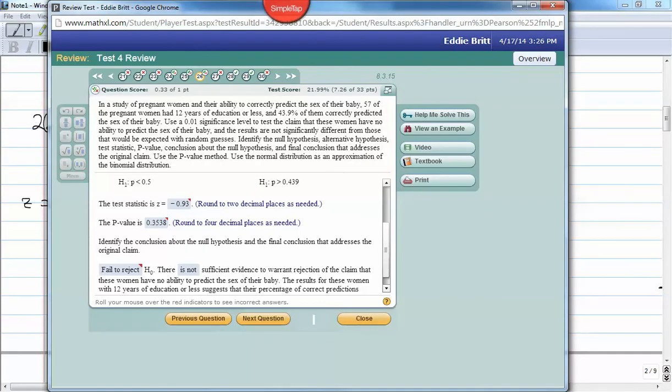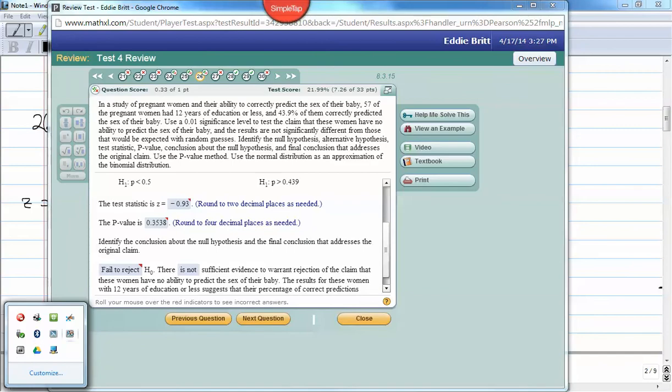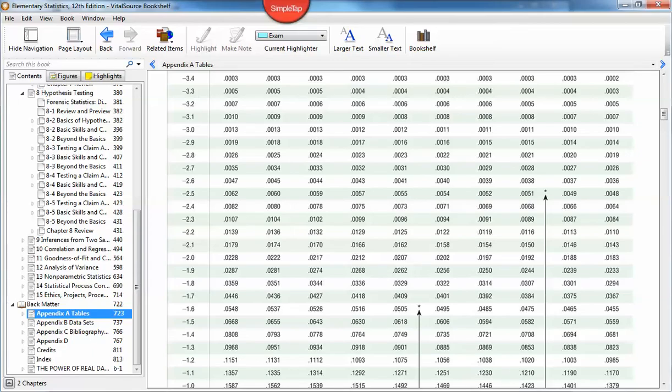Alright, now that's the test statistic, we need to find the p-value. So with the p-value, what do we have to do? We're going to have to use the significance level. Okay. So we probably need to go to our chart.